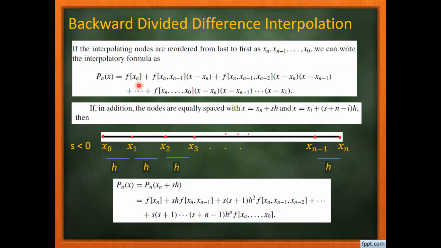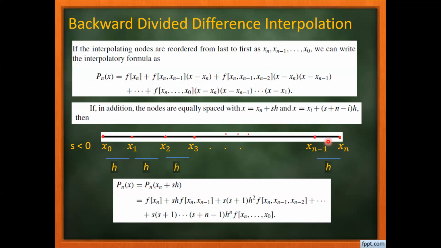So let's start. The polynomial will be equal to the 0th order divided difference at the nth node, that is f of xn. Then we have the first order divided difference at xn and xn minus 1, multiplied with x minus xn.